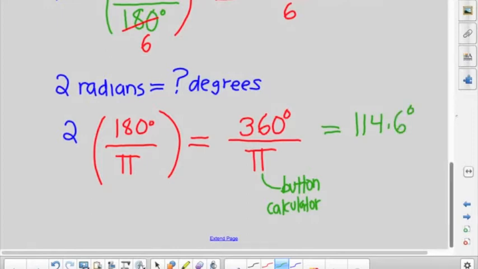If you don't use the pi button, you're not going to get the exact measure of degrees. Does everyone understand that? Very simple. So either pi over 180, 180 over pi. Do not mix it up, because if you mix it up on your test, you're going to get all skewed answers.